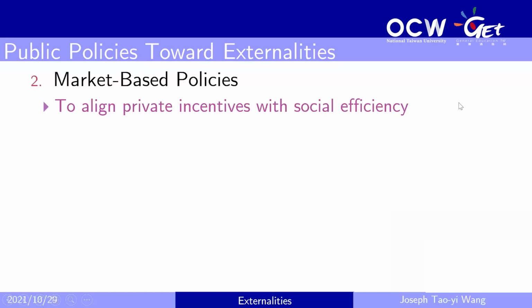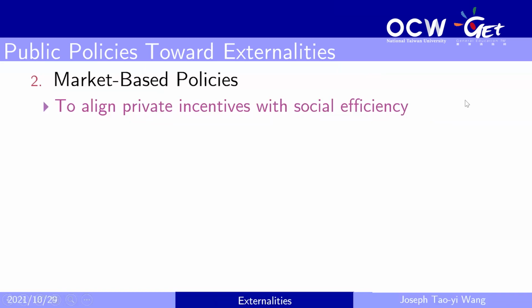In fact, it's actually a failure of not having a market. We do not have a market for clean air, for clean water, and that's why pollution is a problem. If we can price clean air and clean water, then pollution is priced, and then it's not a problem. But anyway, that's the interesting issue when we usually call this market failure, but then we come up with market-based policies.